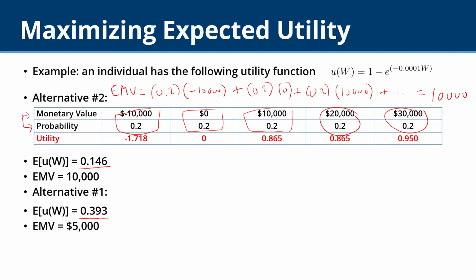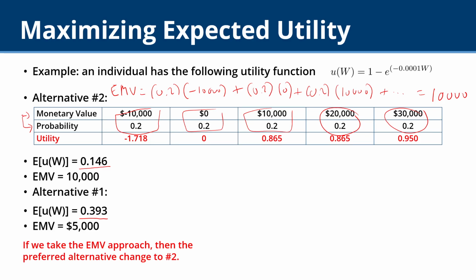So if we take the EMV approach here, then the preferred alternative now changes to alternative number 2, because 10,000 is a higher expected value than 5,000. So if we were to just use EMV instead of expected utility, our preferred alternative will be alternative number 2 rather than alternative number 1.